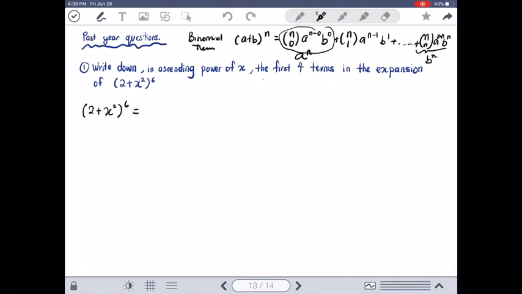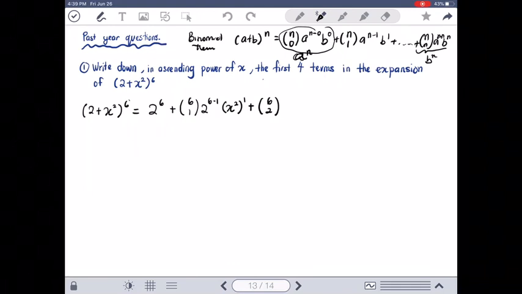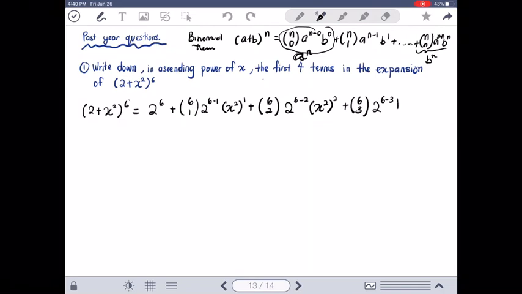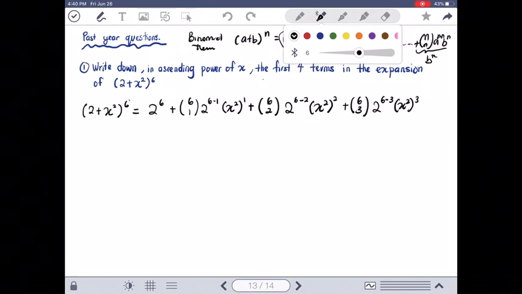The first term is just a to the power of n, our a is 2, our n is 6, so it's just 2 to the power of 6, plus 6C1, a to the power of 6 minus 1, b to the power of 1, plus 6C2, a to the power of 6 minus 2, b to the power of 2, plus 6C3, a to the power of 6 minus 3, our b is x squared to the power of 3, and let's check.